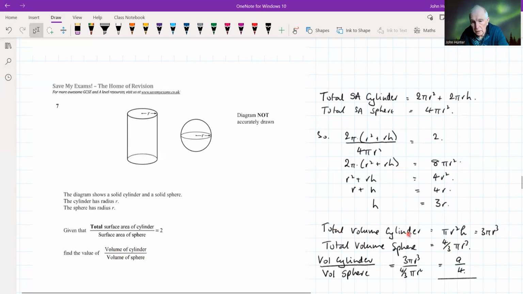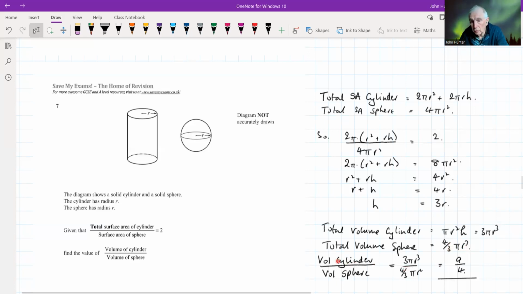So now we can go to this second ratio here. The volume of the cylinder is going to be equal to pi r squared h. That's the area of the base times the height. And because we know that h is 3r, we can substitute that. We get 3 pi r cubed. The total volume of the sphere is 4/3 pi r cubed. Again, standard formula.